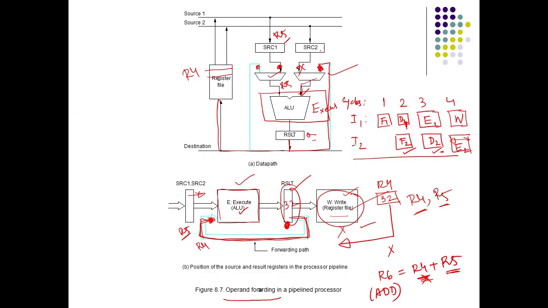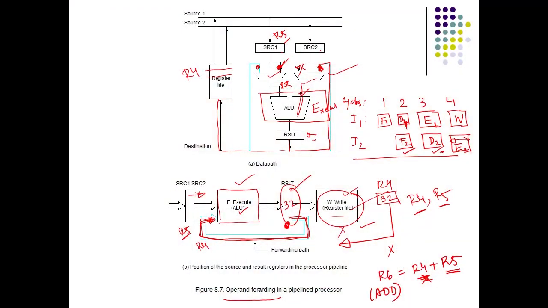It is taken from the result register, RSLT, and then it will continue the operation. So there is no stall for the pipeline. We know a mux, right? A 2 to 1 mux, out of 2 it will choose 1. If it realizes there is no data dependency, it will always take from this one. For this mux it will take S0, and for this mux it will take S1.